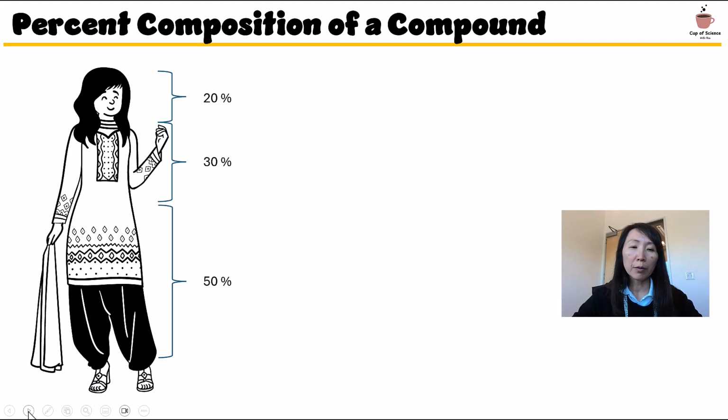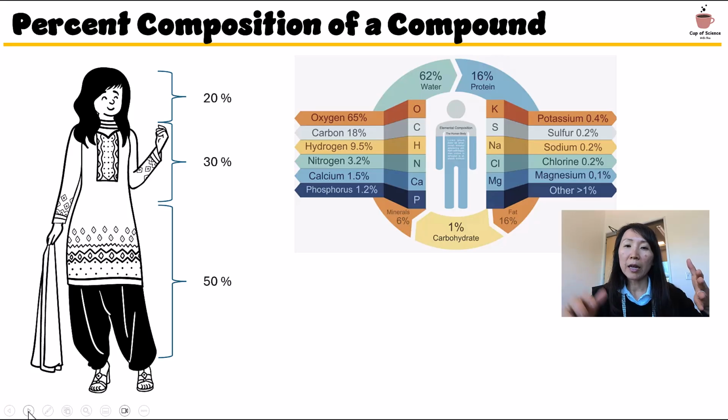For example, if we were to take a human body and separate how much of each element it contains, approximately 65% is oxygen, 18% is carbon, 9.5% is hydrogen, and so on and so forth.